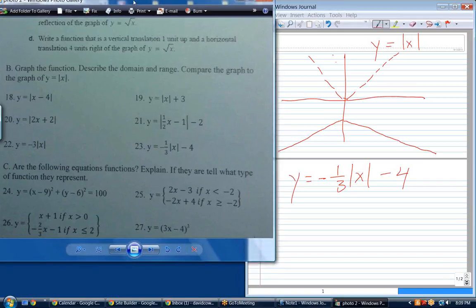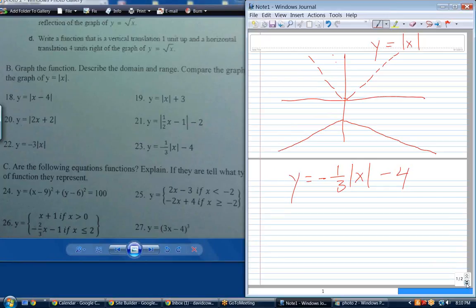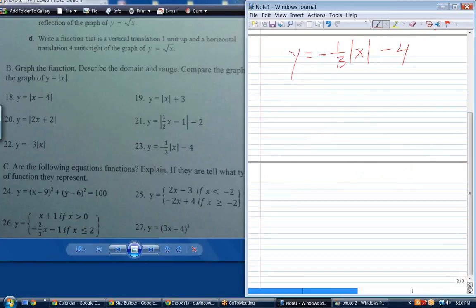Okay. Let's look at 24. Is that a function or not? Do you recognize that? What that is? Whoa. I don't think they meant this first y here.